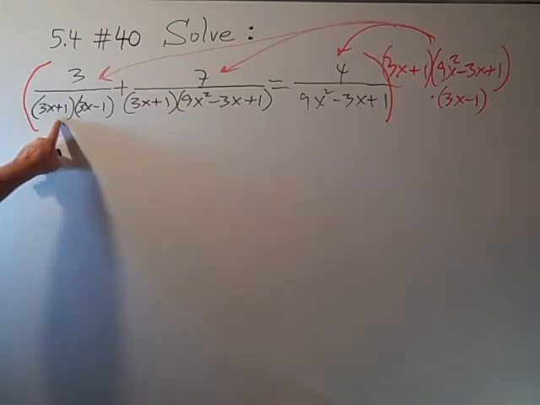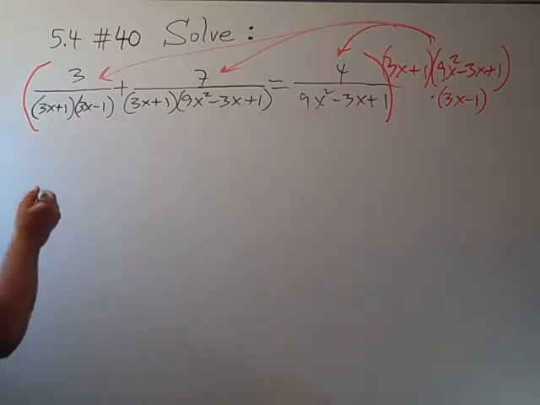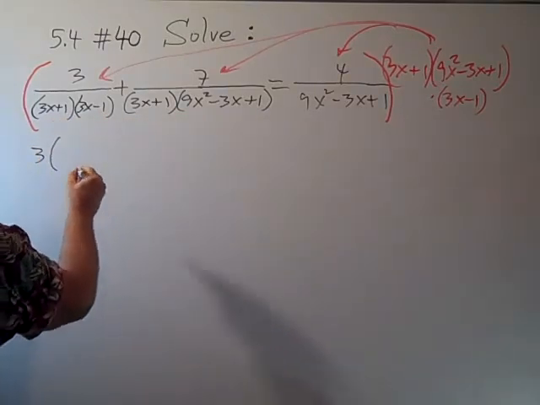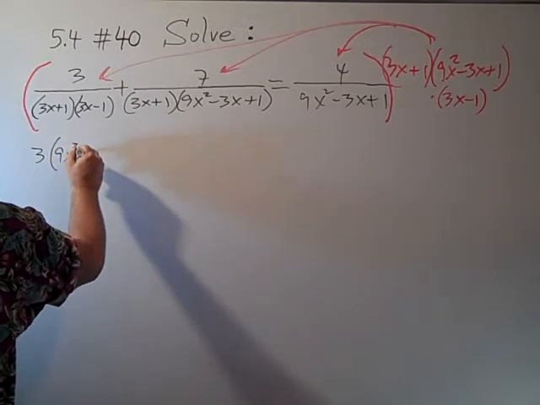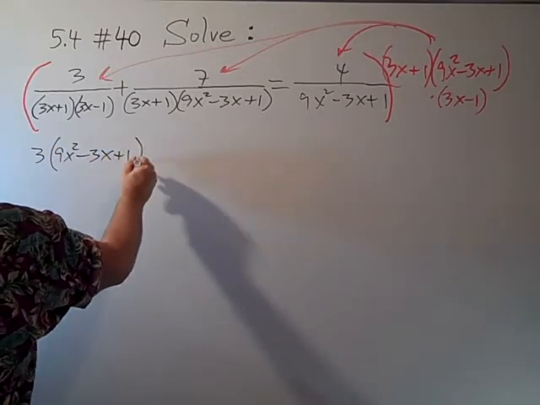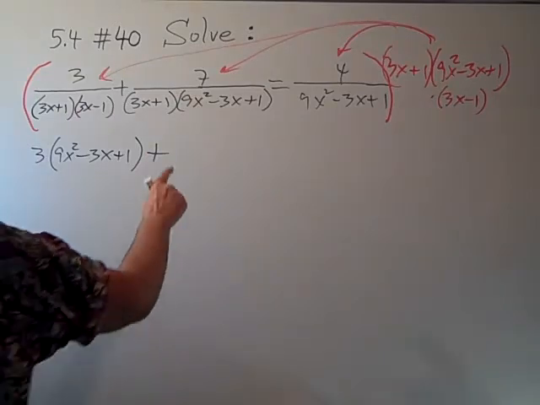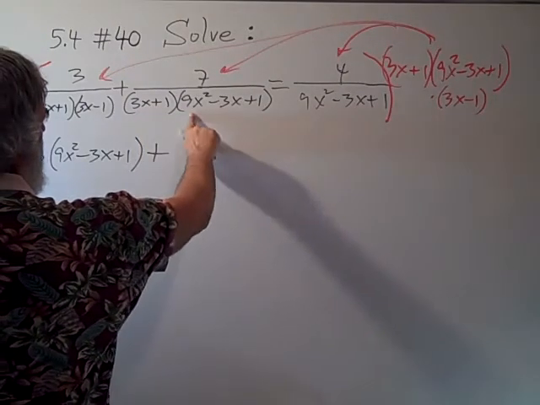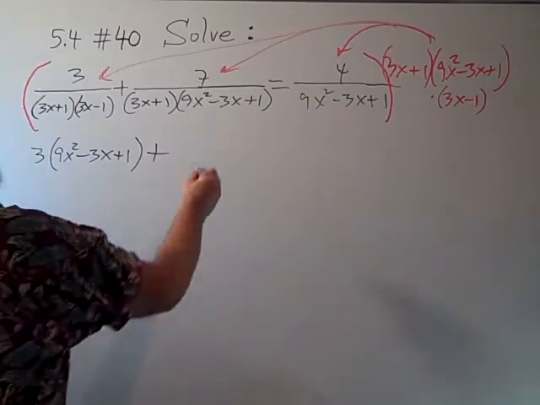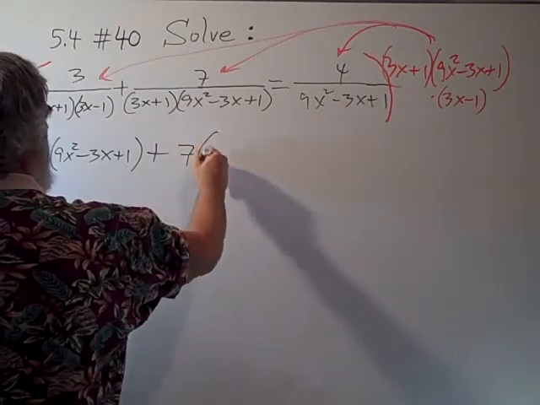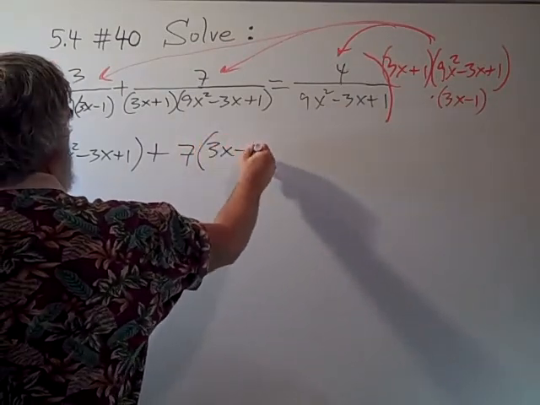So the 3x minus 1 and the 3x plus 1 cancel out, and you're left with 3 times 9x squared minus 3x plus 1. Then plus, there, everything cancels. The 3x plus 1 cancels, and the 9x squared minus 3x plus 1 cancels. So you're left with 7 times that 3x minus 1 factor.